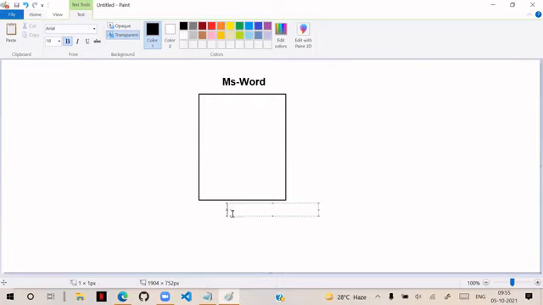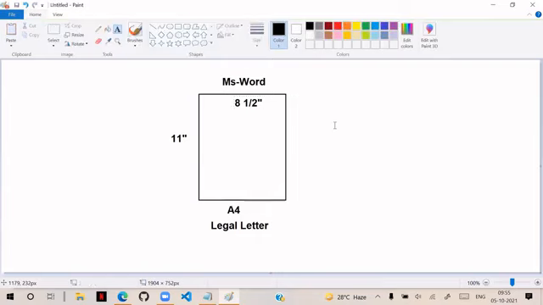Generally, people call this paper size A4, or you have a paper size called legal letter size. Usually, the page size of this MS Word document is 11 inches height and 8.5 inches width. That is called legal letter size.